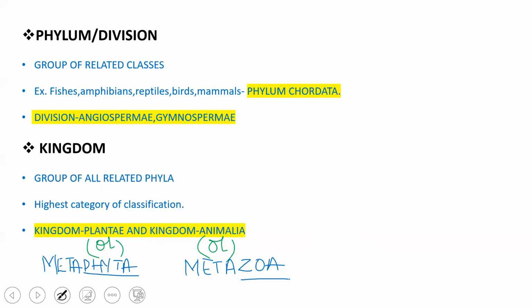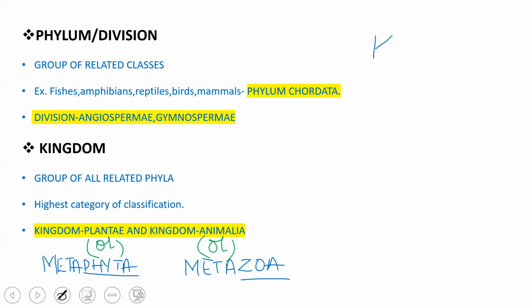These are the taxonomic categories arranged in a hierarchical manner in ascending order, starting from the species, then genus, then family, then order, then class, then phylum or division, depending on whether it is animal or plant, and then kingdom.